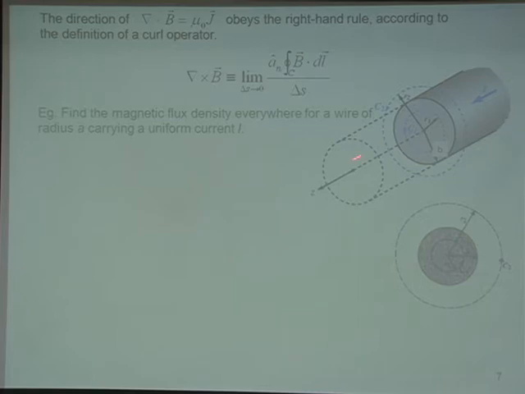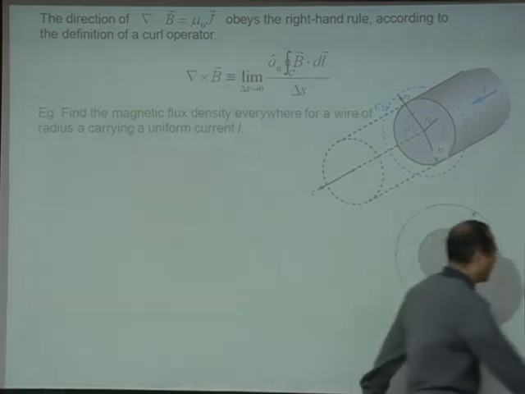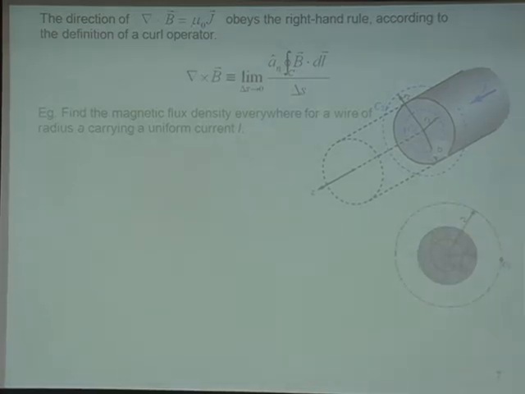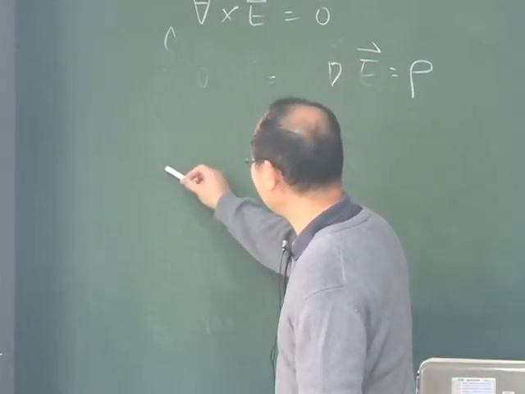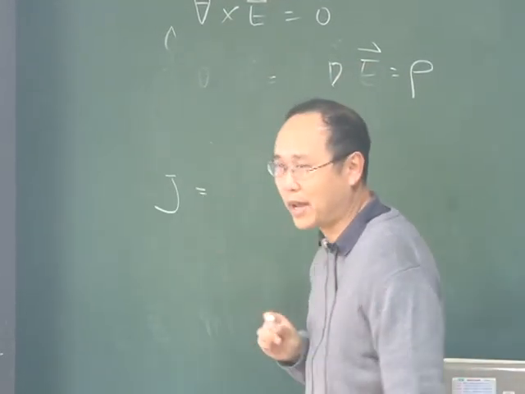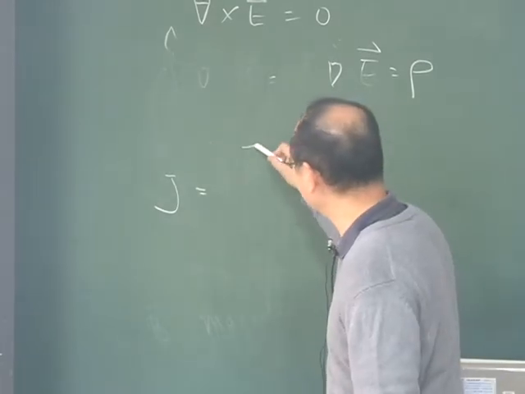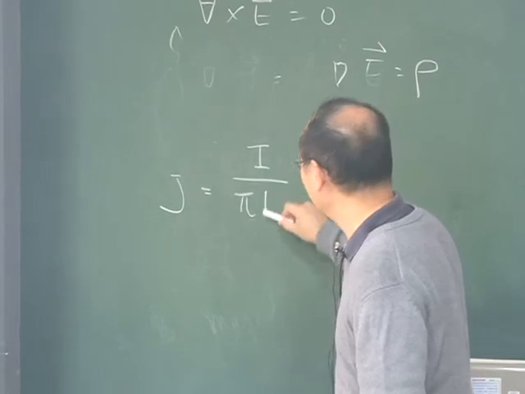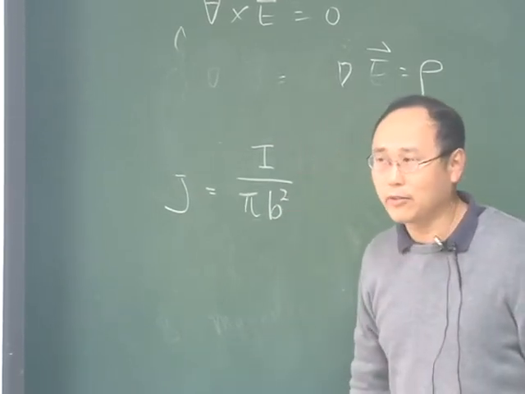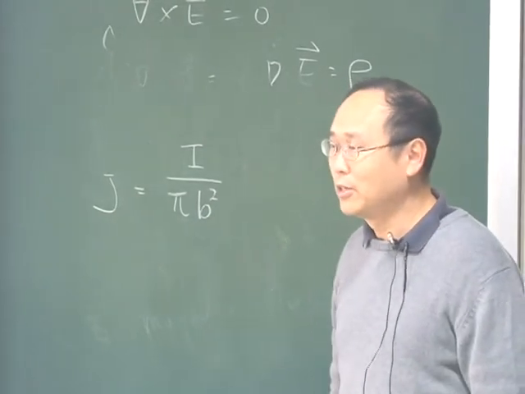Uniform means the current density is exactly the same across the cross-section. Then the magnitude of J is equal to the total current divided by pi b squared, where the radius is b.